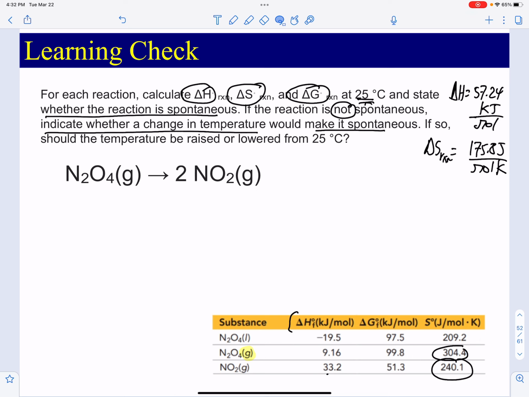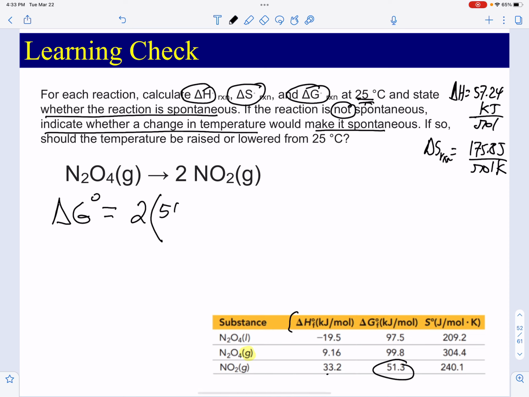And what about delta G? Delta G is standard because we're using the appendix, which is all based on standard formation. It's going to be the product, which is two of them. And delta G is going to be 51.3, and that's going to be kilojoules per mole. Minus the reactant, which is only one. And it's the gas, 99.8 kilojoules per mole.